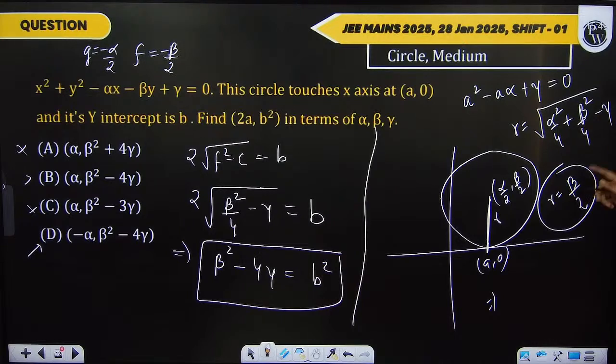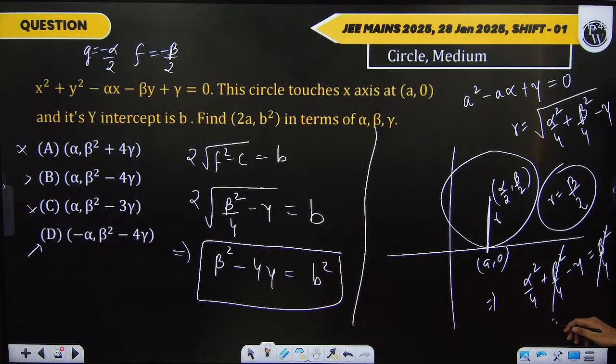So simply equate these two, square both sides, you will get the result. Alpha square by 4 plus beta square by 4 minus gamma is equal to beta square by 4. This got cancelled. From here, I am getting gamma is equal to alpha square by 4.